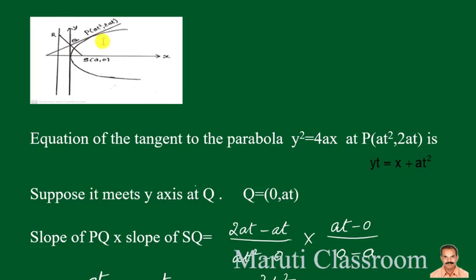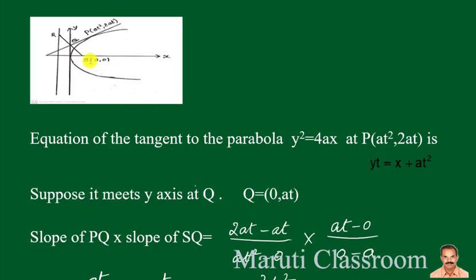Suppose this tangent meets the y-axis at Q. On the y-axis x coordinate is 0, so put x equal to 0 in this equation, then yt equals at squared, y equals at, therefore Q equals (0, at).